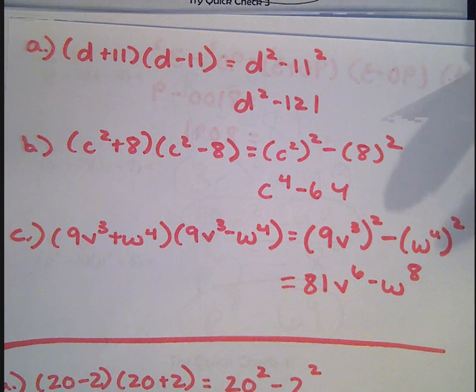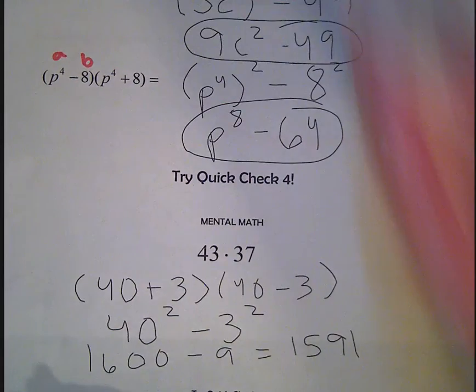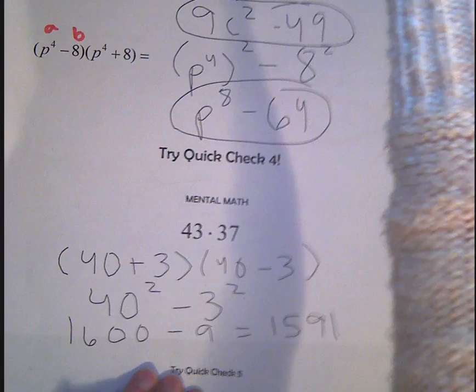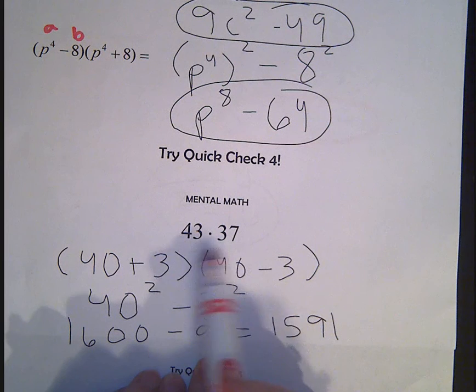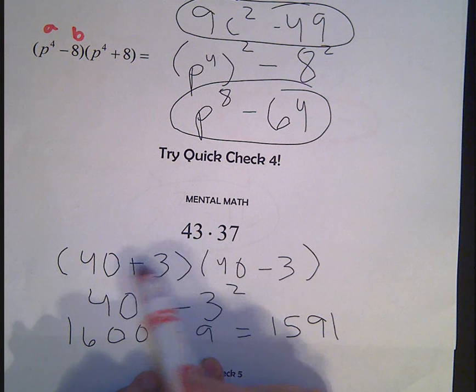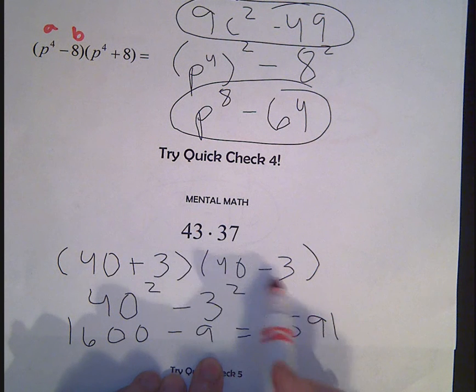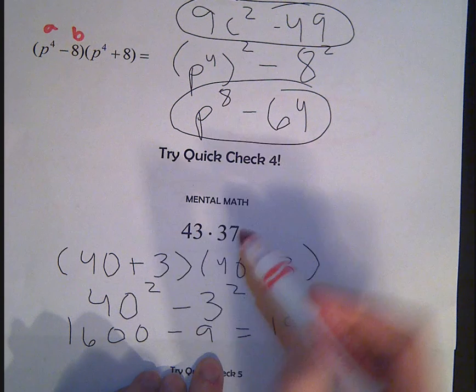Okay, now let's use that rule to see how we would use mental math. So right here, I've got 43 times 37. If you look at these, both of these numbers are 3 away from 40. 43 is 40 plus 3. And 40 minus 3 is 37. So I can break this up. This would be a problem. You'd be like, I can't do that in my head.